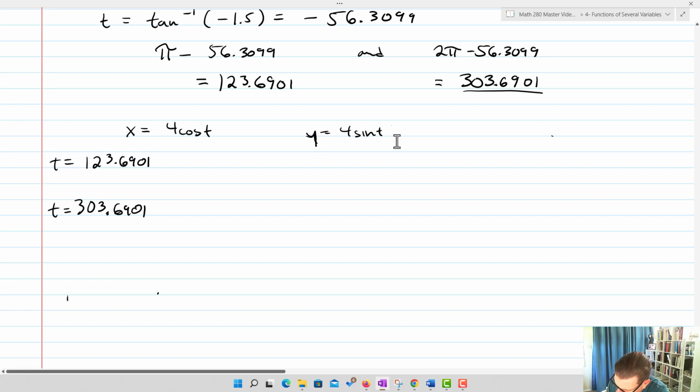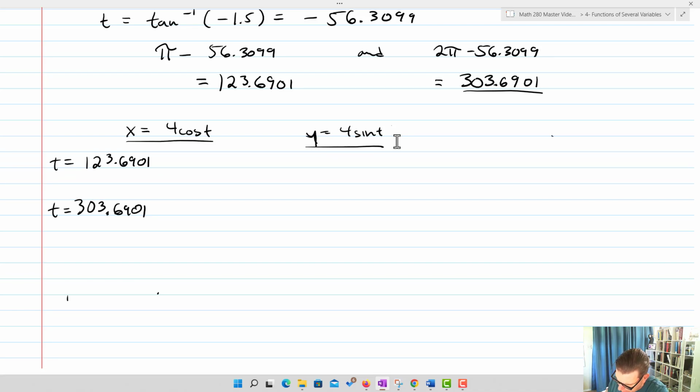So now what I need to do is find x and y in order to calculate these maximums. So remember that x is equal to 4 cosine t and y is equal to 4 sine t. If I take t equal to 123.6901, the x, my cosine, is going to end up being negative 2.2188. And my y is going to end up being 3.3282.